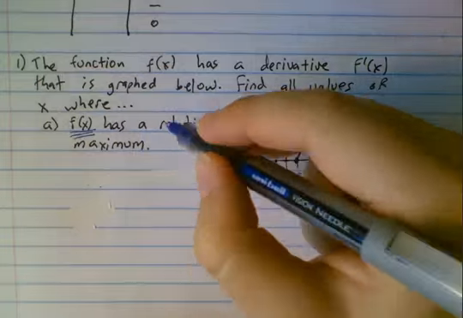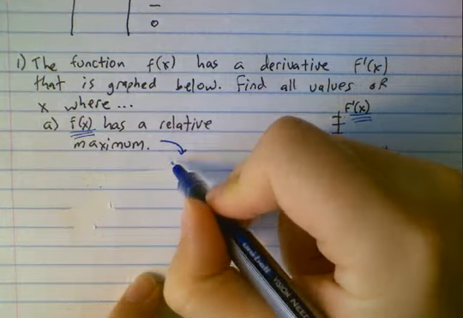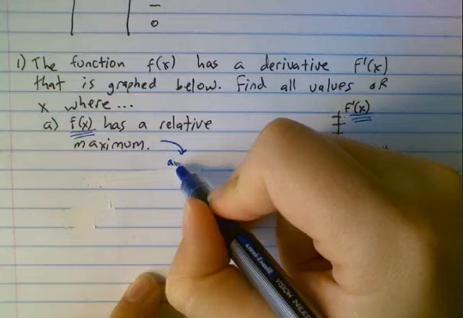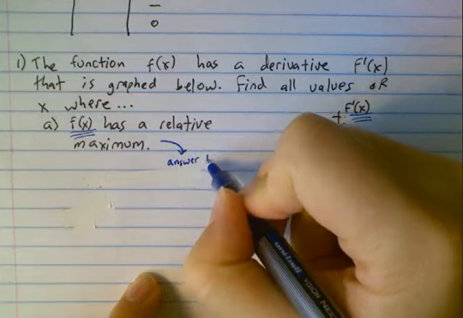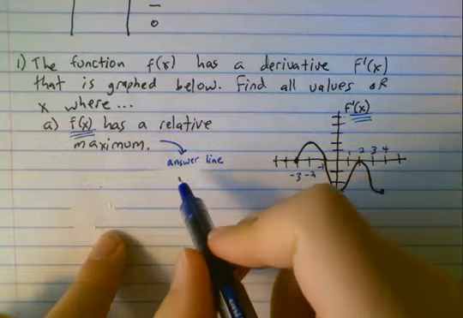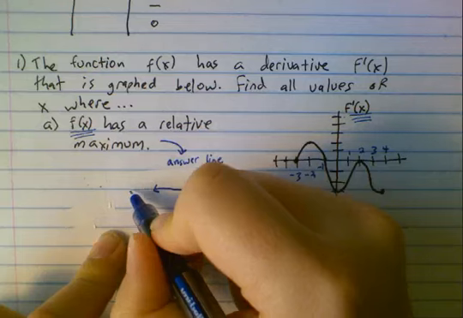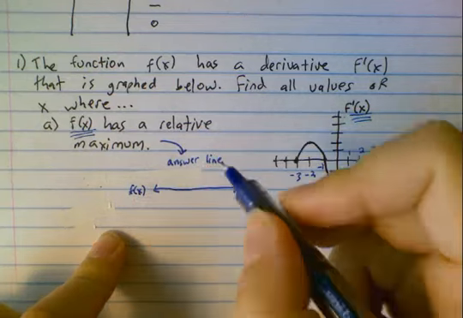And the first thing we're going to do is use our problem to write our answer line, the line we're going to read our answer off of. And in this case, we're interested in f of x. So my answer line is going to be an f of x line.